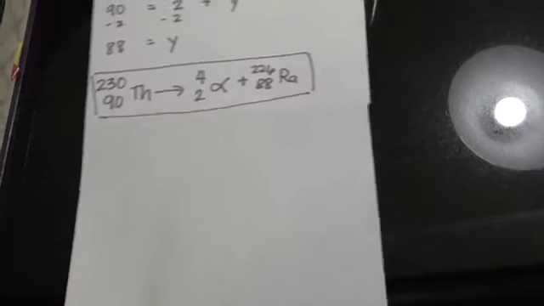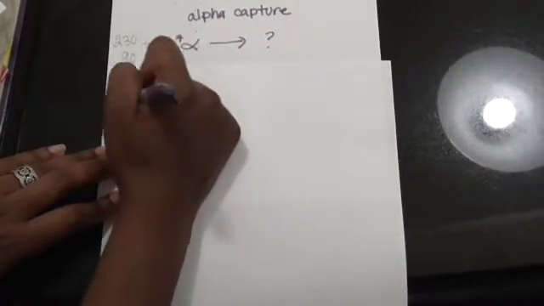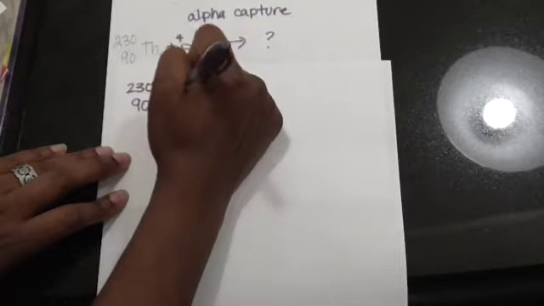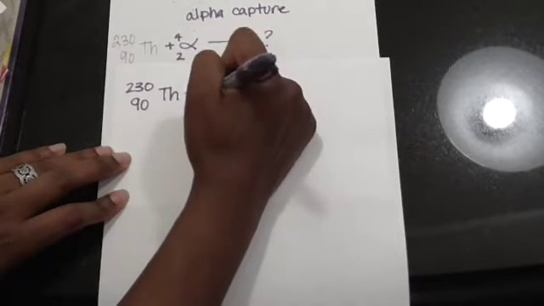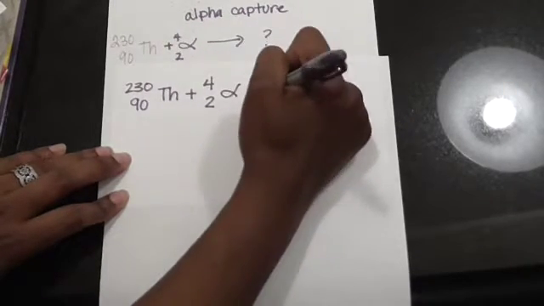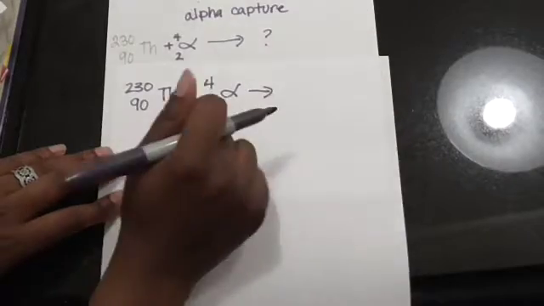Now let's look at the alpha capture of the same particular substance. For this one, I'm going to rewrite that since it's got a lot of dots on the page. So we have 230, 90, thorium. And we talked about the fact that an alpha capture means that the alpha particle is going to be in the reactant side.